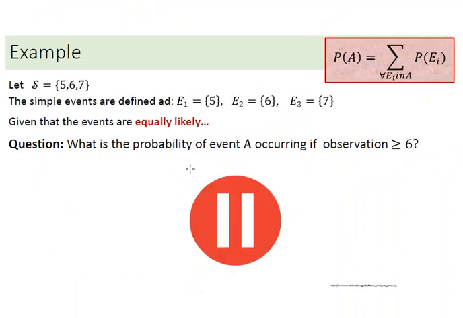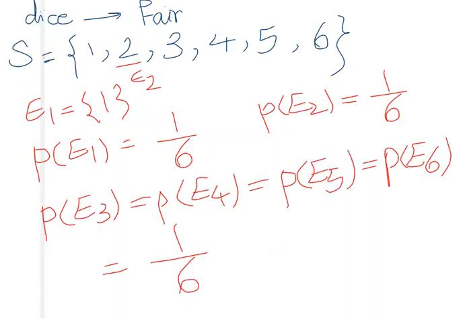Now we want to solve this example again, but suppose now these simple events are equally likely. How are we going to solve it? Again we have S as 5, 6, 7.